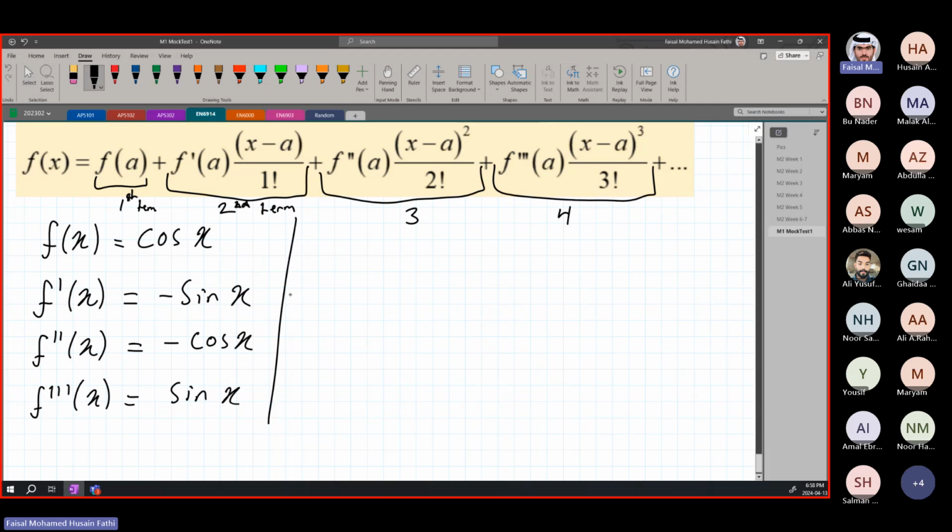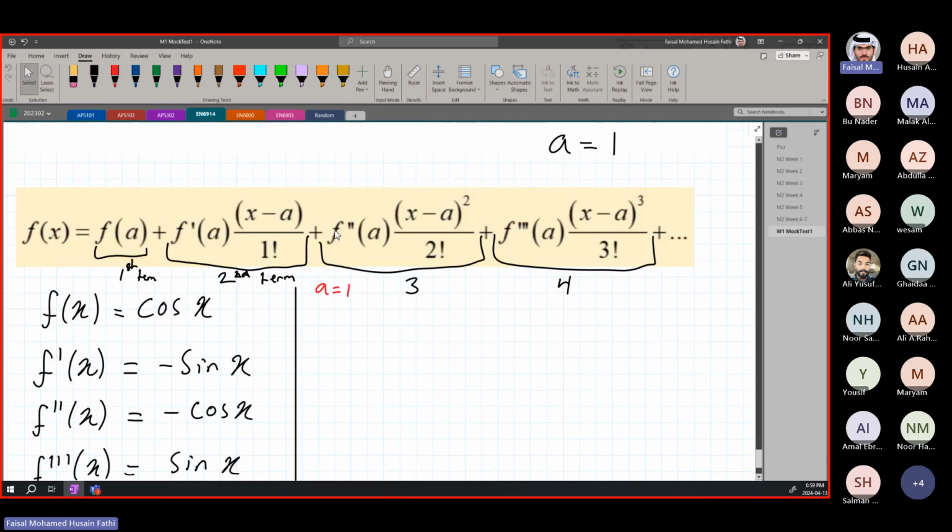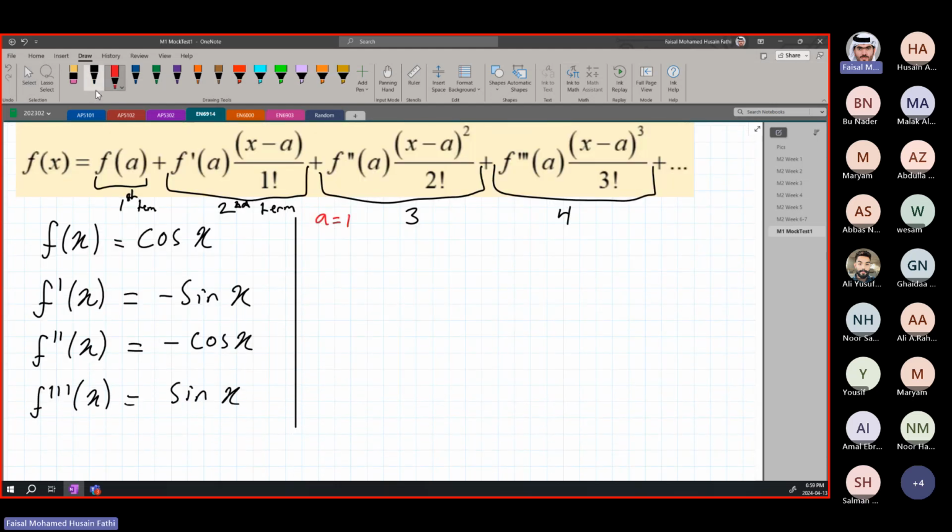Now let us find when a is equal to 1, because that's what the question wants. So f of a is equal to cosine of 1, which is, remember here, very important note, radians.